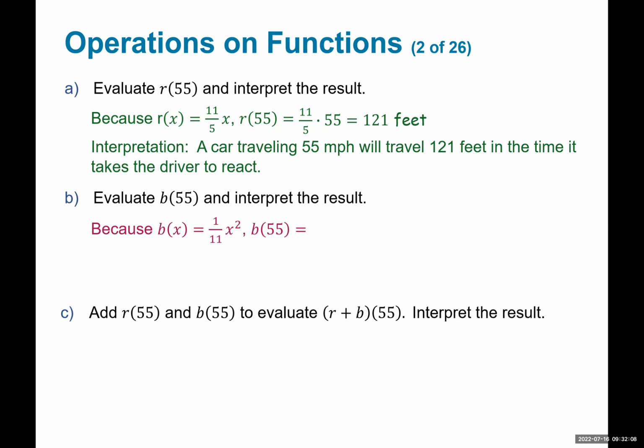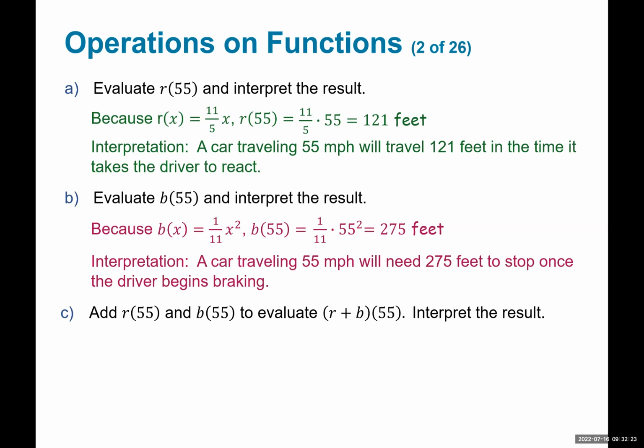If we evaluate B of 55, this is again a car traveling at 55 miles per hour. Well, now they know, oh wait, I've got to put on my brake. How many feet will it be before they actually stop? 275 feet. So a car traveling at 55 miles per hour will need 275 feet to stop once the driver begins to brake.